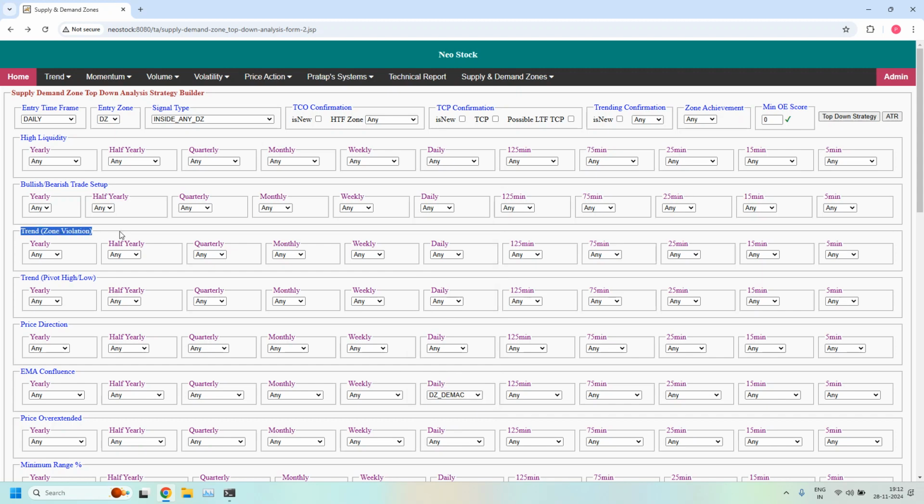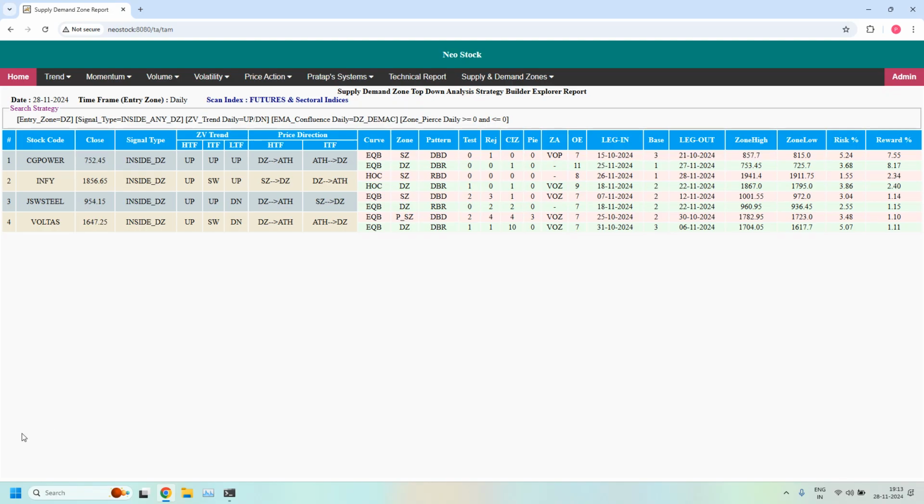And that EMA confluence, when you verify, the trend should not be sideways. So in zone violation trend and daily time frame, I am selecting up or down trend. So 4 stocks. In these 4 daily demand zones, they are having a daily EMA confluence.